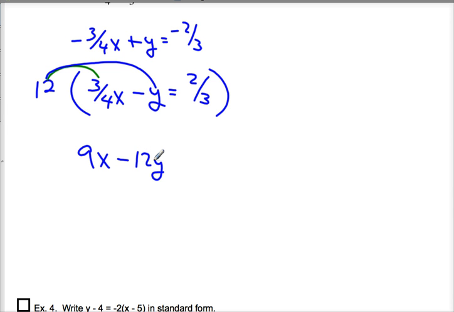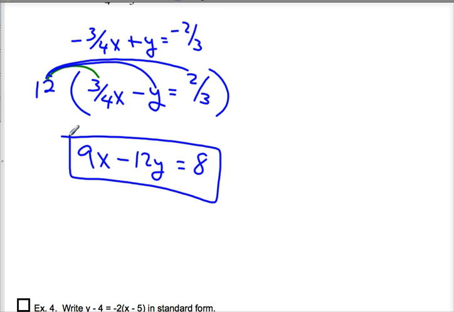Not much thought there. And finally, 12 times 2/3. 12 divided by 3 is 4. 4 times 2 is 8. This is a standard form equation of the line above. It's a standard form equation where a is 9, b is negative 12, c is 8.